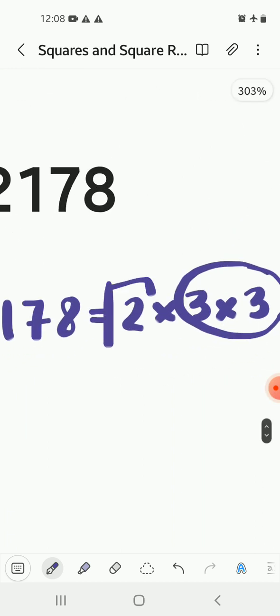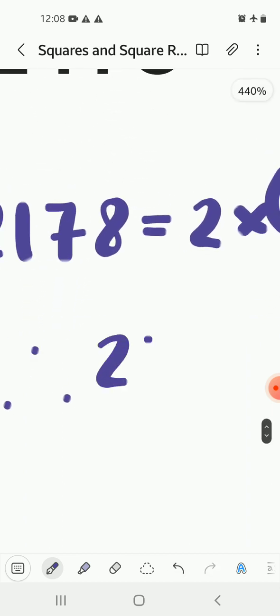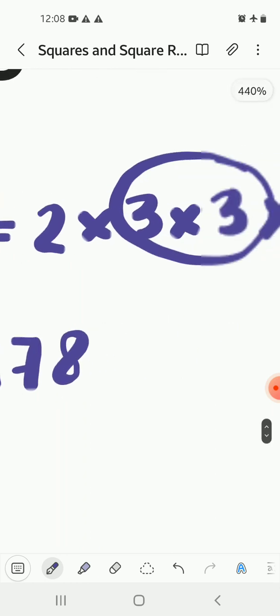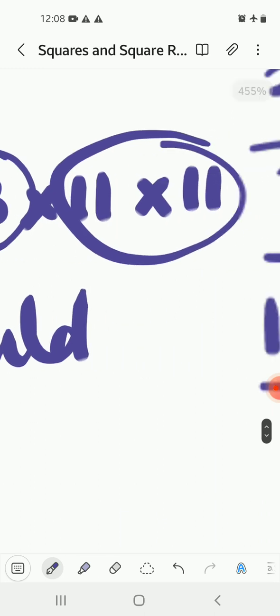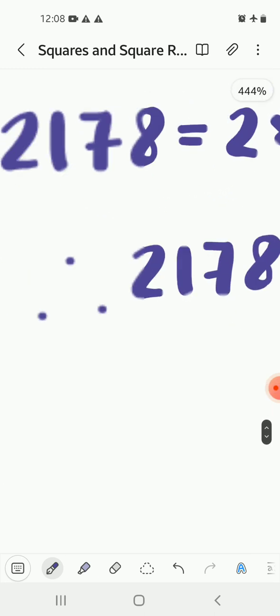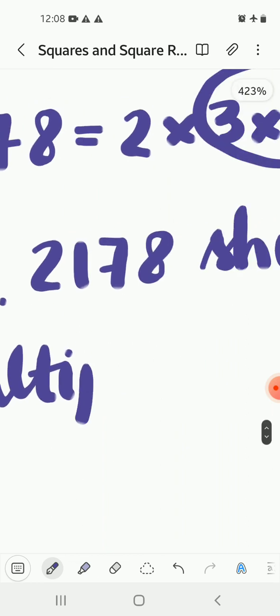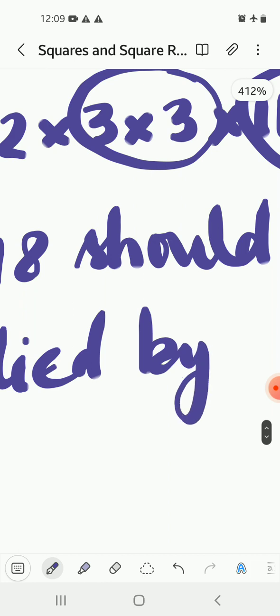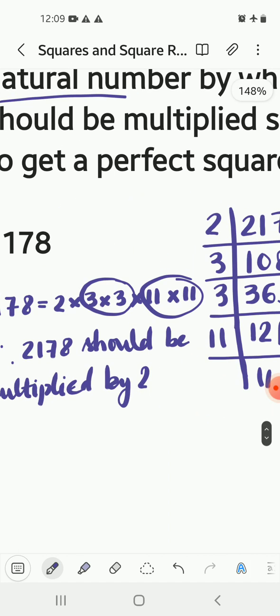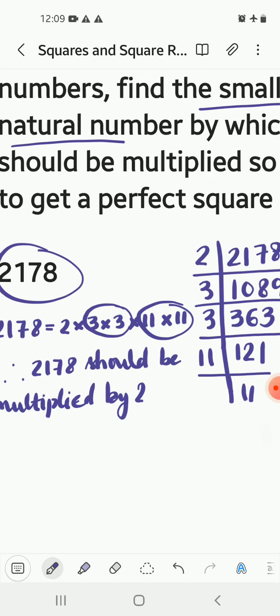Only we do not have a pair of 2, which means, therefore, we can write that 2178 should be multiplied by 2. Now you see, if I multiply 2178 by 2, we will get a number which is a perfect square.